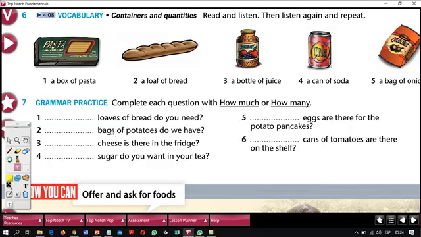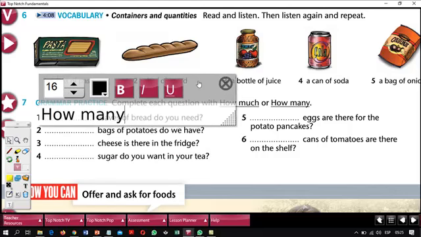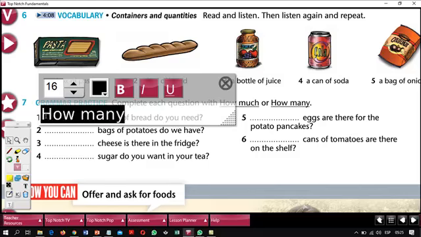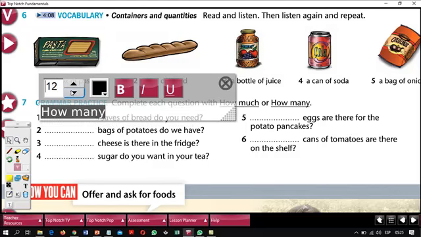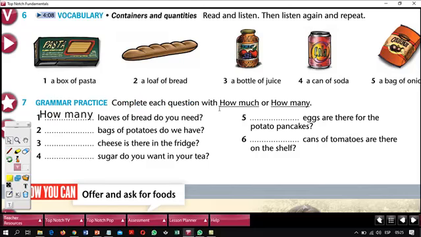For example, with number 1 we have loaves of bread, so the answer should be how many, okay? How many loaves of bread do you need?